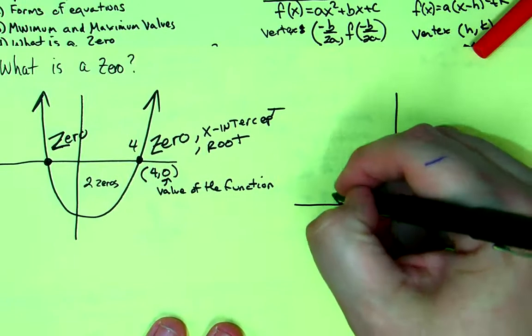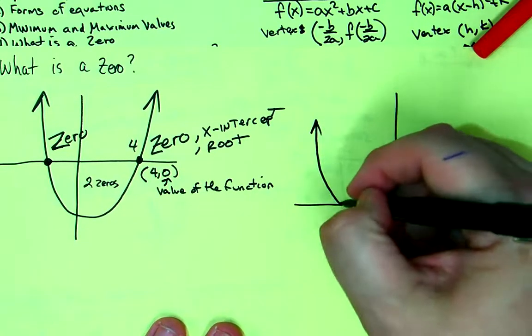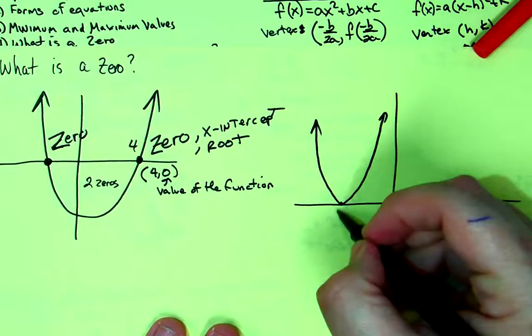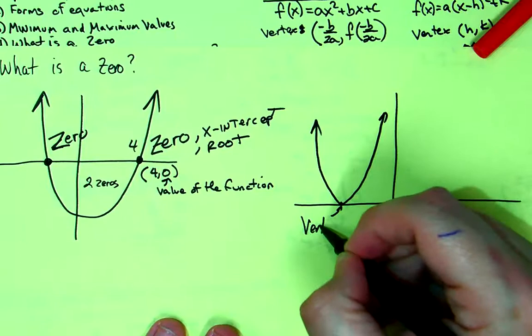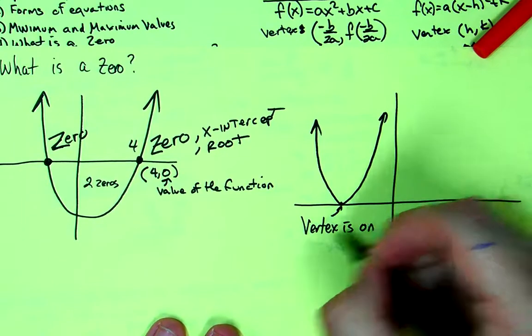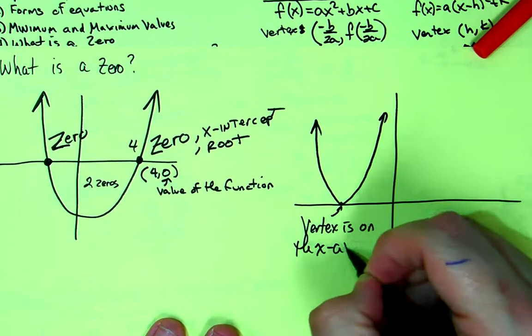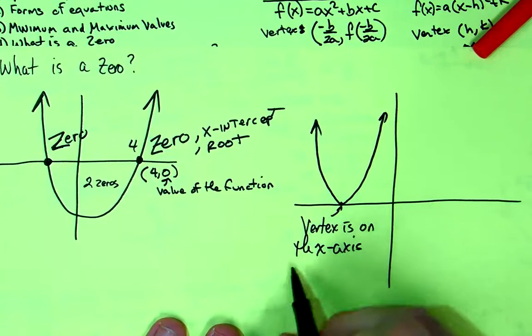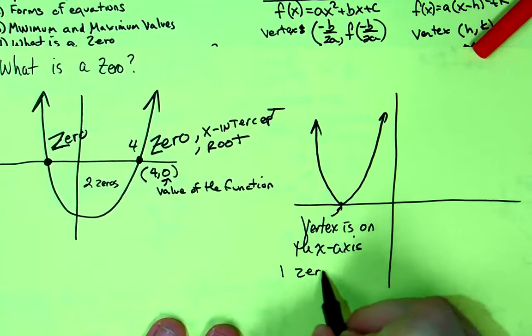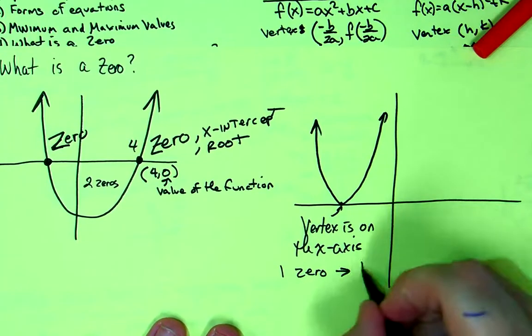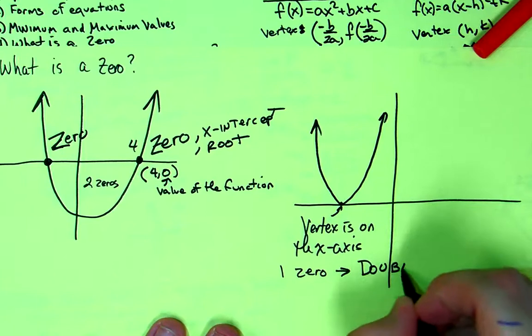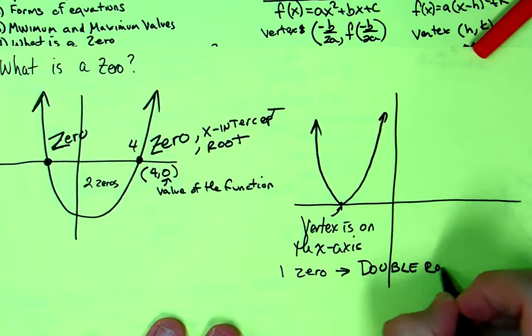If you have a parabola whose vertex is on the x-axis, there's 1 zero. And we call this a double root.